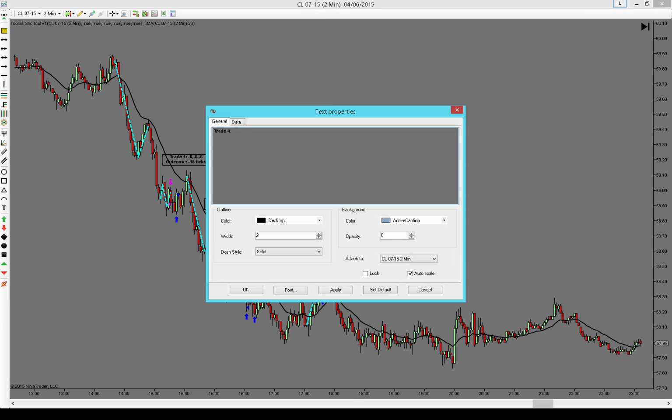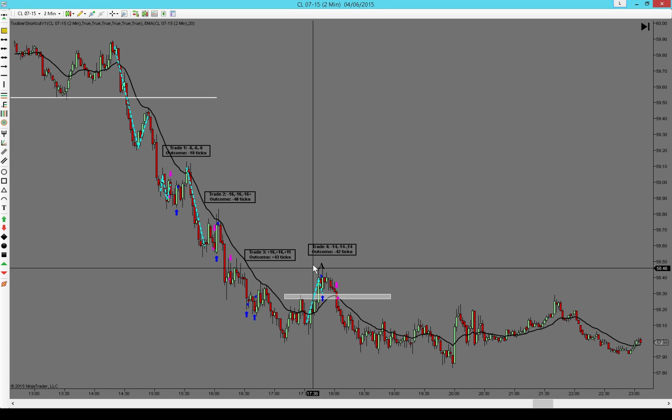So trade 4 for that day was minus 14. Minus 14. Let's go, minus 42 ticks.